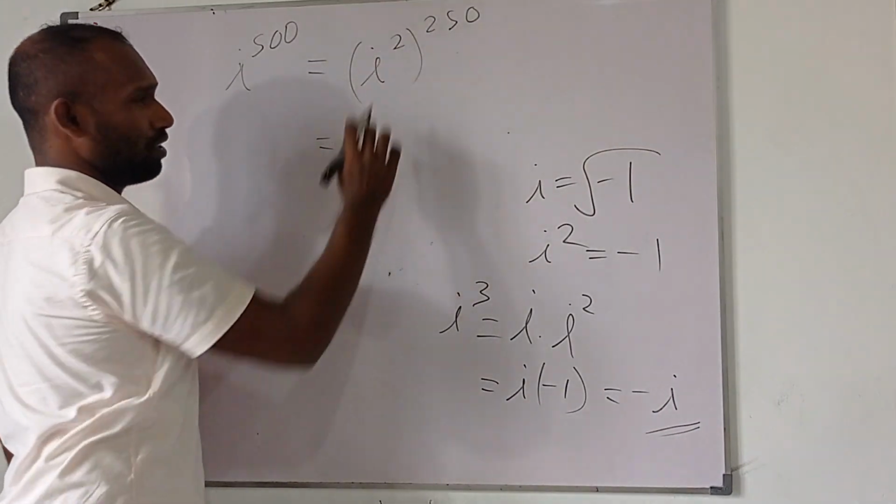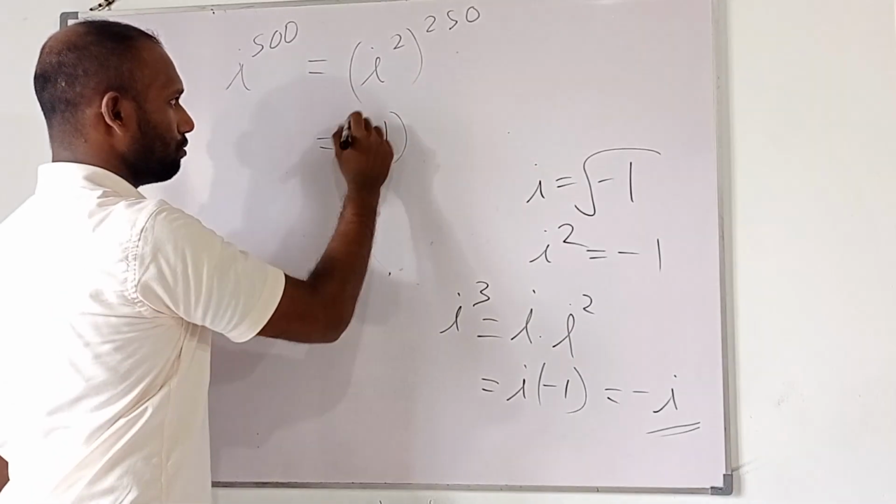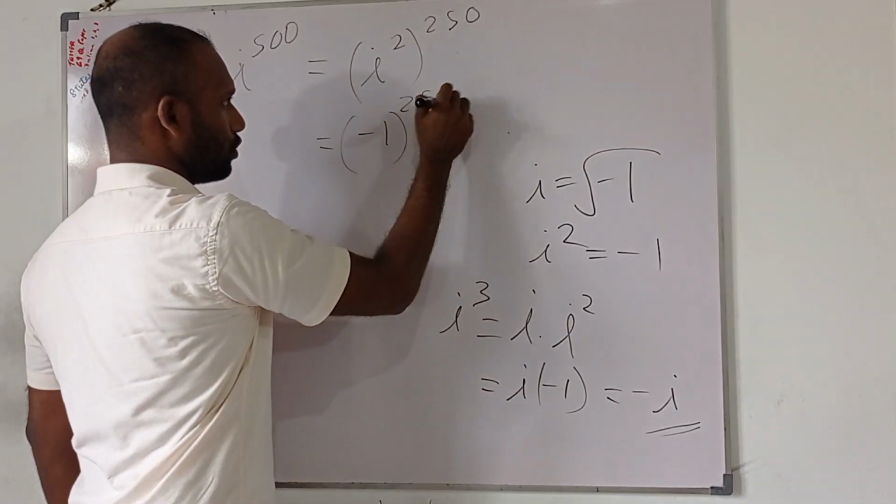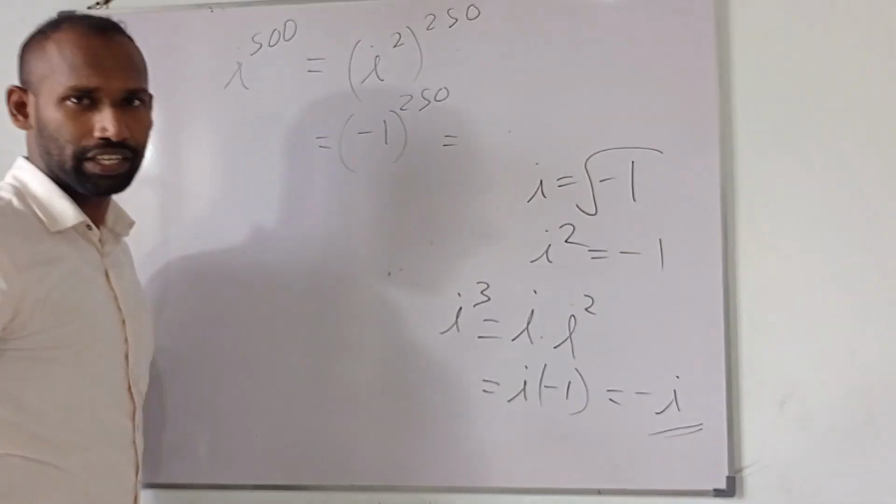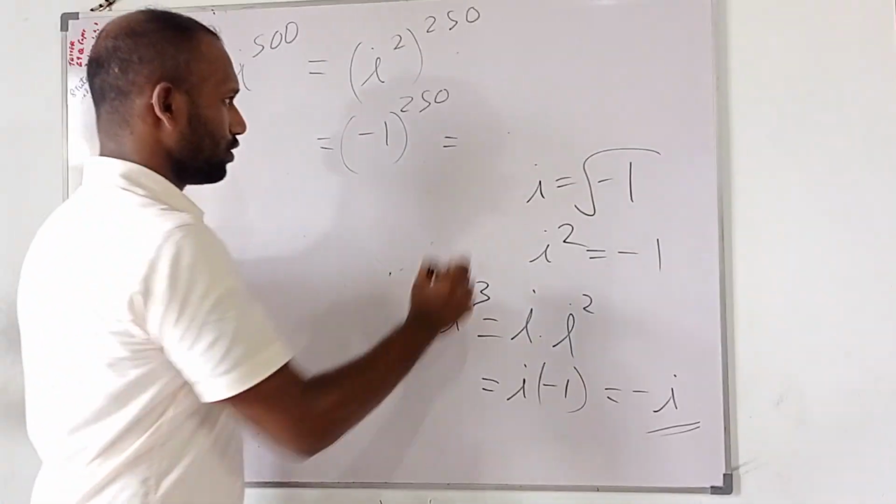So i squared equals -1, and -1 to the power 250, this is an even number, so 1.